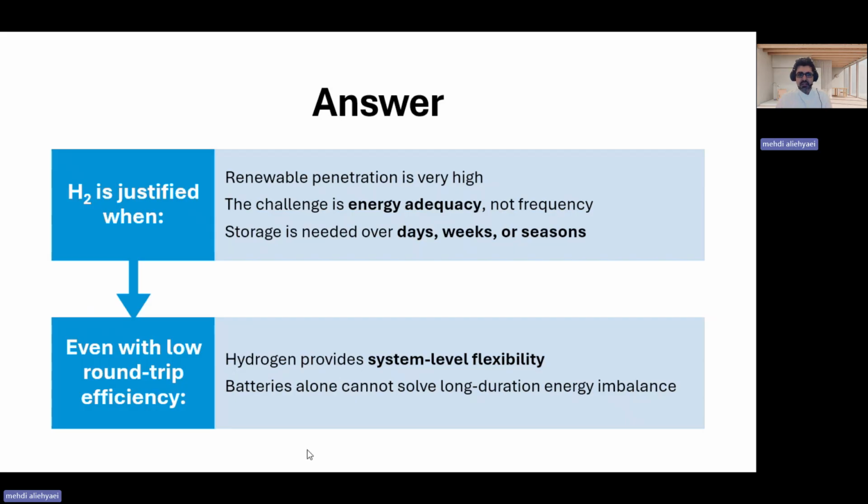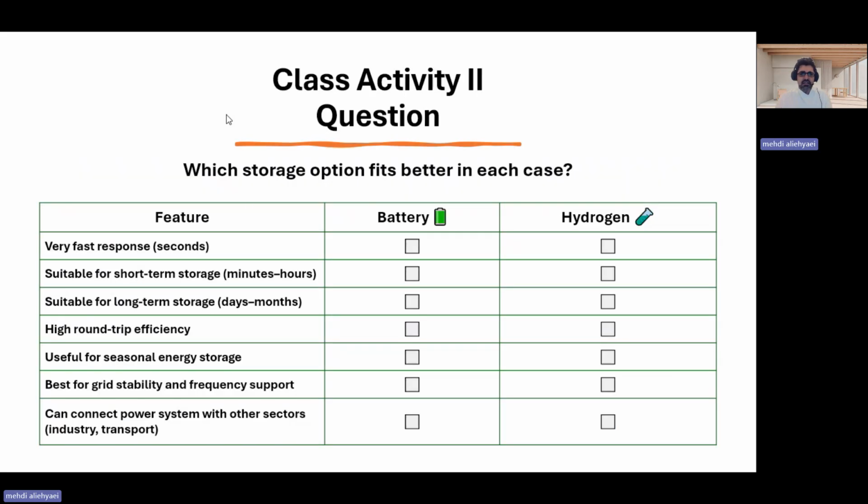So in this slide we have the class activity and question about which storage option fits better in each case. We have some features and you should tick which one is better for the battery and which one is better for H2. For example, very fast response in seconds, which is quite clear, is related to the battery.